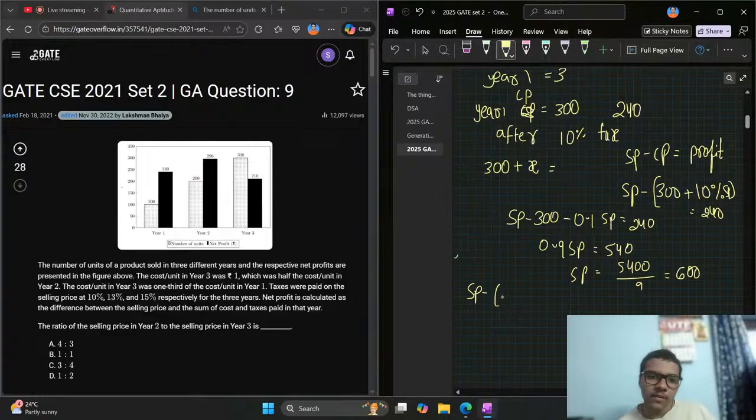Similarly, 200 units were sold, each with a cost of 2. That will be 400. And how much taxes were paid? 13% of SP is equal to, you can see multiples.